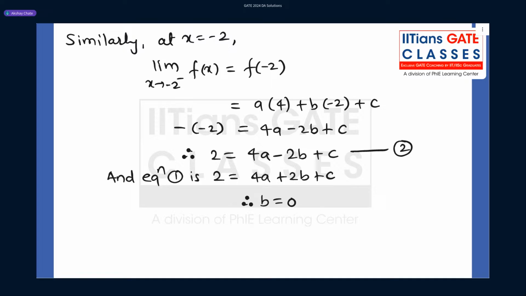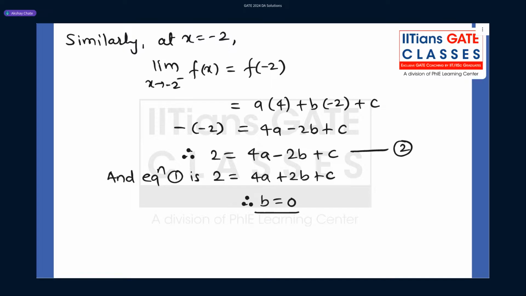In other words, if you subtract 1 from 2, then you will have 0 equal to 4b. That means b equal to 0. So that is the first piece of the puzzle.